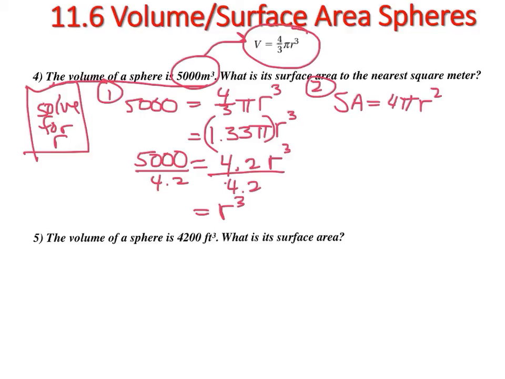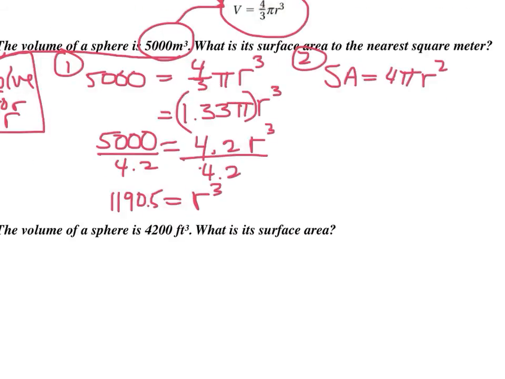So that's 1,190.5. So now, solving for r, I'm just going to rewrite this as r to the third equals 1,190.5. Okay, so now we need to take the cube root of both sides of the equation.